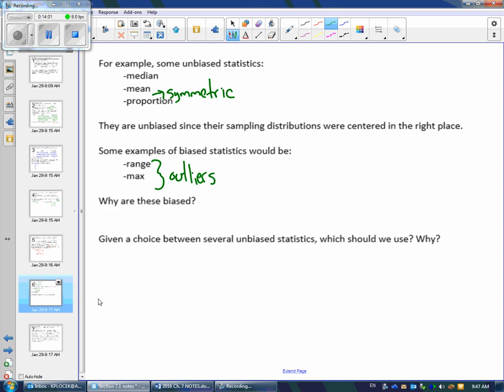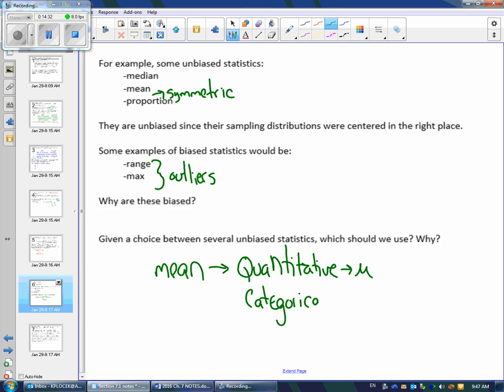Given a choice between several unbiased statistics, which one should we use? Well, everything's going to boil down to our lovely mean value, which for quantitative data is going to be mu, and for categorical data it's actually going to be P. It's the one in the middle.